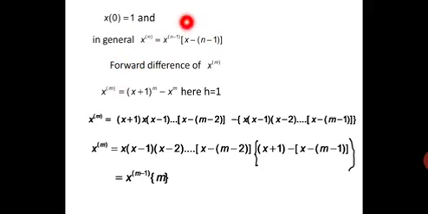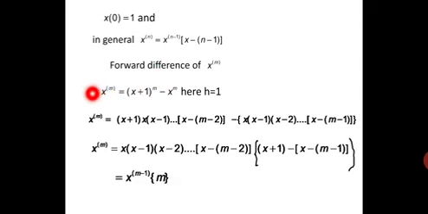Now if we want to find the forward difference of x factorial m, that means we are now going to find the factorial for forward difference. What will be that one?